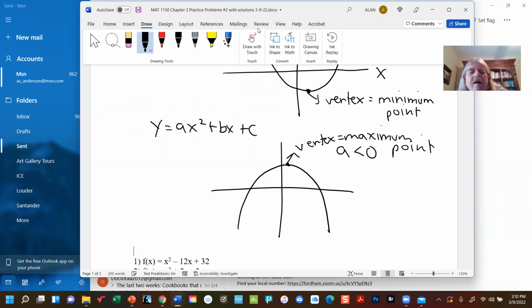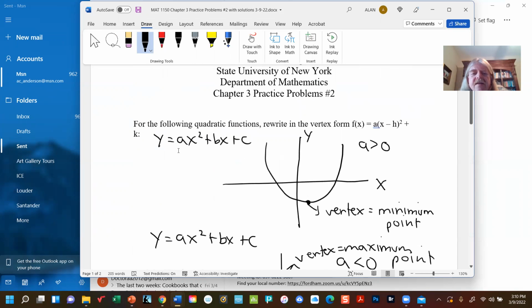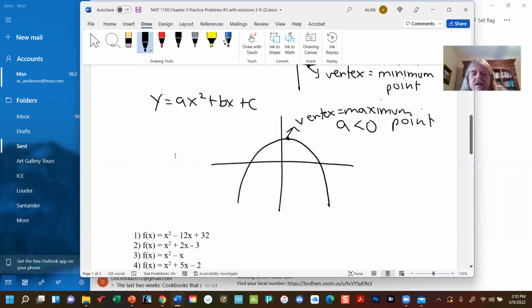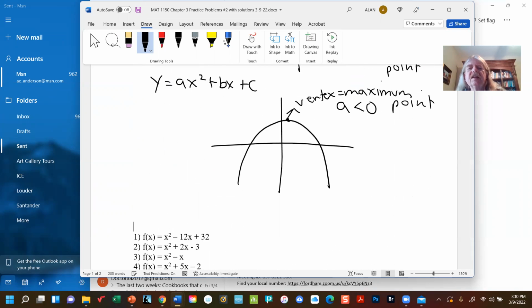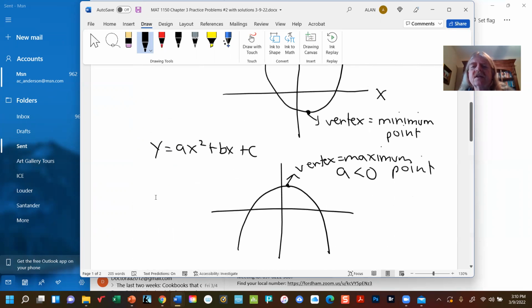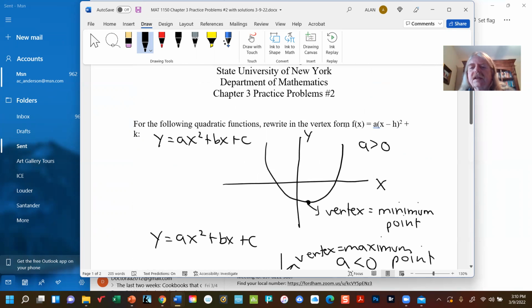All right, so obviously one or the other has to be true in each case. So what we're trying to do is rewrite the equation in a form that makes it easier to see at a glance what the vertex is. Okay, so the correct formula is here.